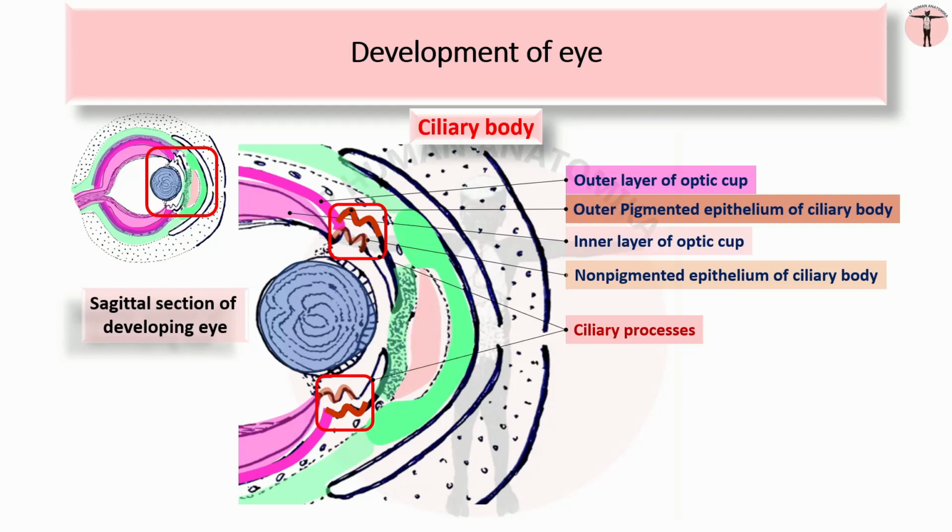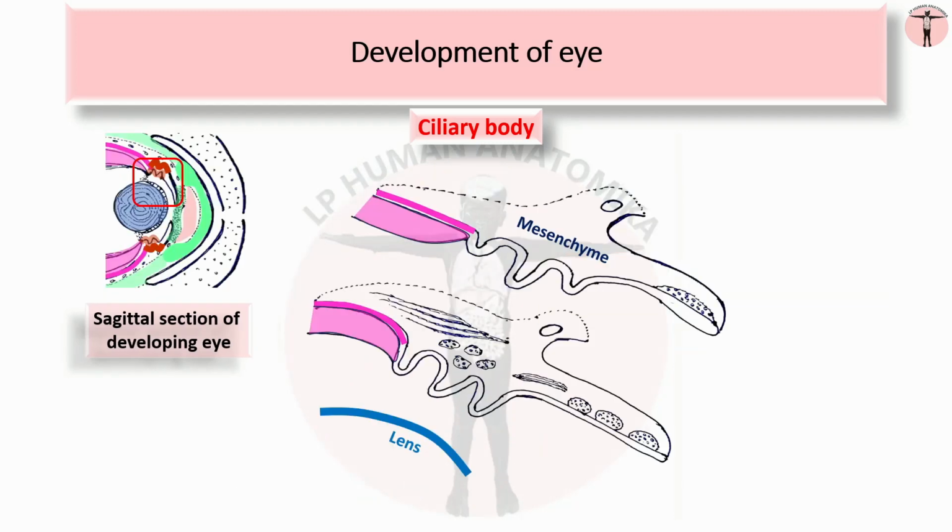Now let us further enlarge only the pars ceca retinae and see the further development. The pars ciliaris retinae is easily recognized by its marked folding called the ciliary processes.